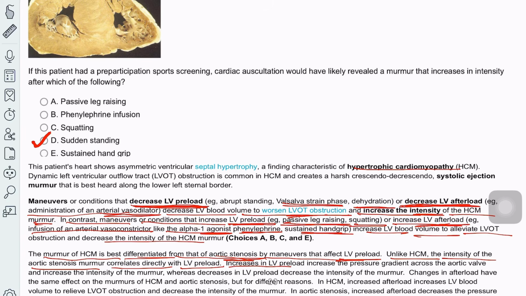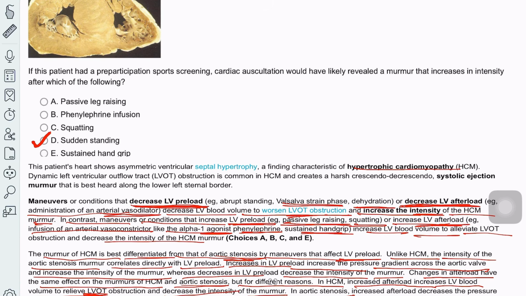Increase in the LV preload increases the pressure gradient across the aortic valve and increases the intensity of the murmur, whereas decrease in the LV preload decreases the intensity of the murmur. Changes in the afterload have the same effect on the murmur of HCM and aortic stenosis, but for different reasons. In HCM, increased afterload increases LV blood volume to relieve the left ventricle outflow tract obstruction and decreases the intensity of the murmur.